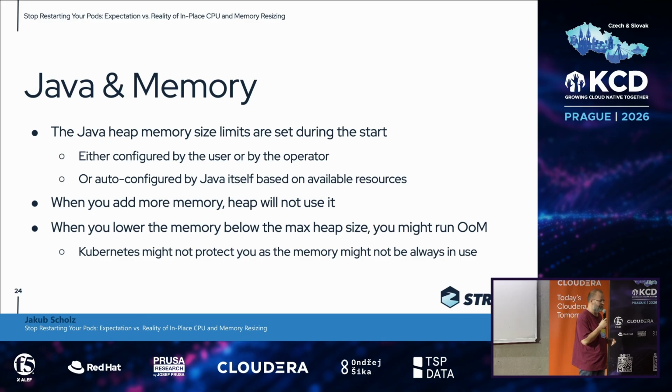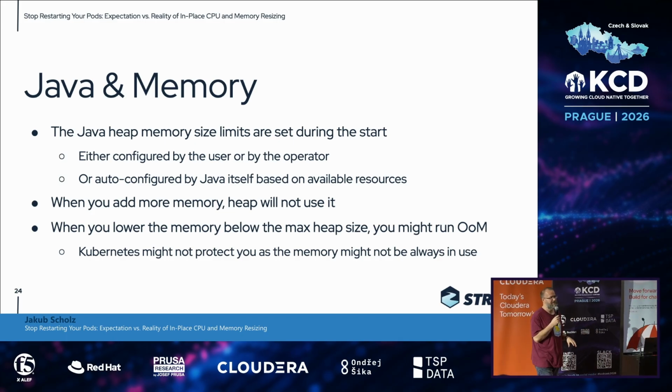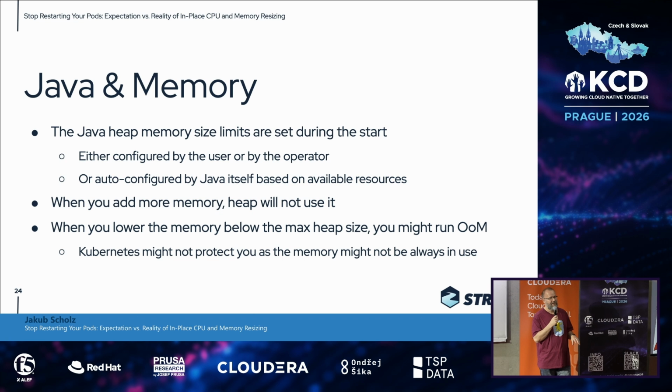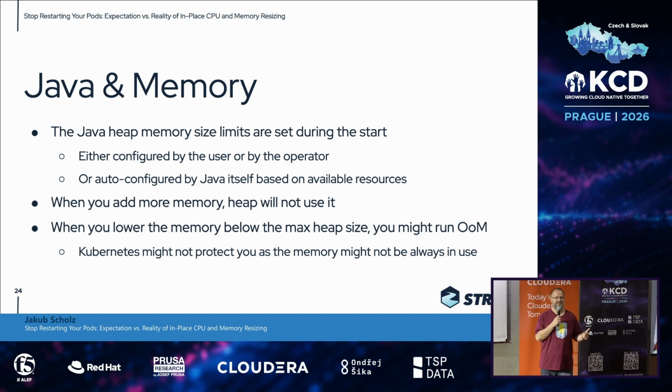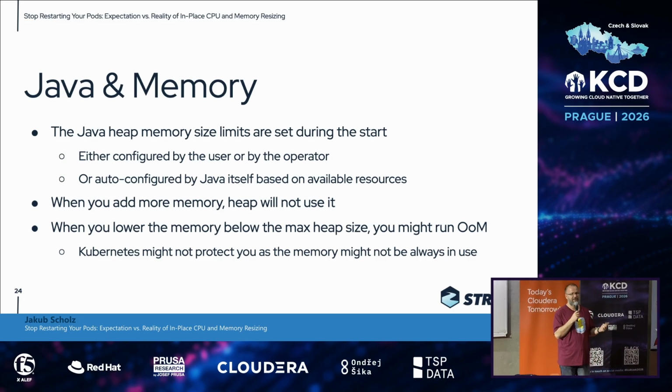And going back a bit to the Kubernetes protections for memory resizing: imagine you start the Java application and you say your maximum Java heap size is 5 gigabytes of memory. But right now the application just started, it's not doing anything, and it's using only 1 gigabyte of memory.